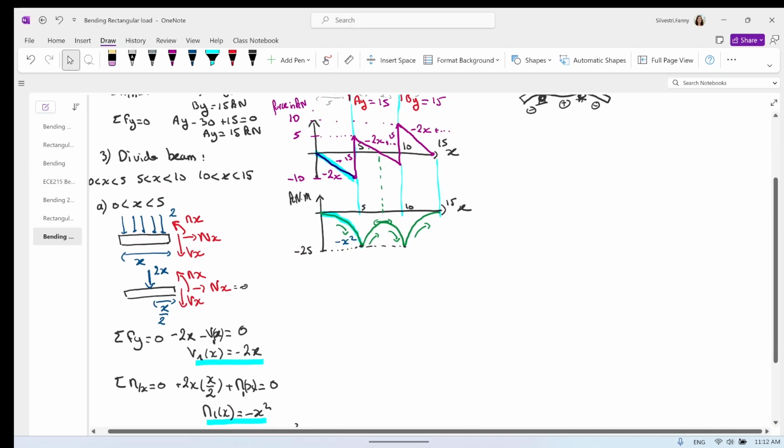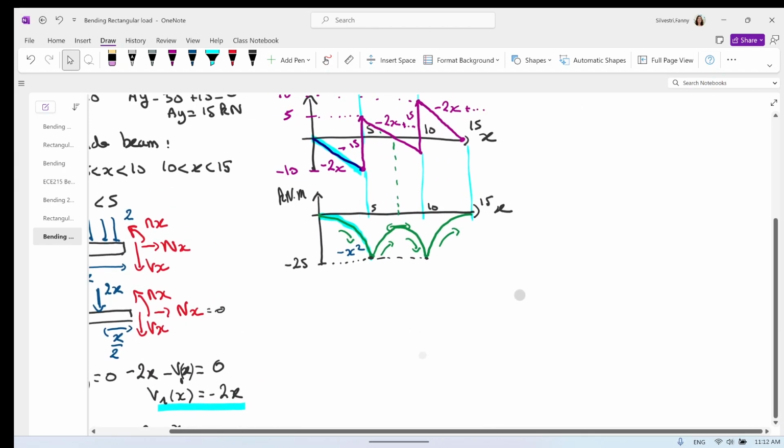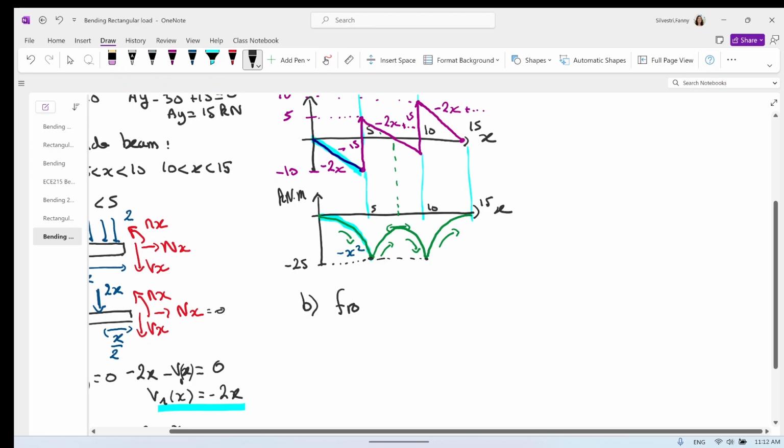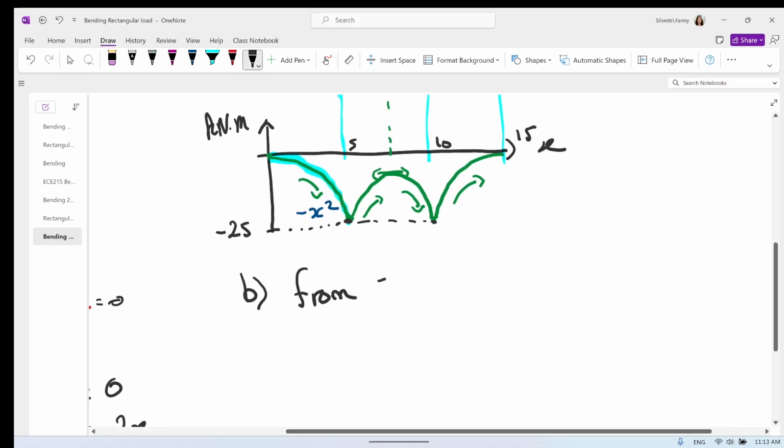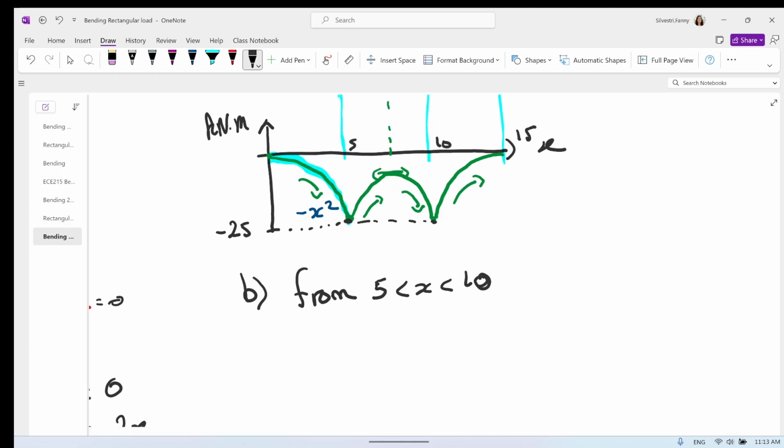Let's do now from 5 to 10. It's a bit more difficult, okay? So we will do step B, we'll make it bigger so we can see, from 5 to 10. Even if we are from 5 to 10, we draw all the beam from 0 to somewhere in between 5 and 10.